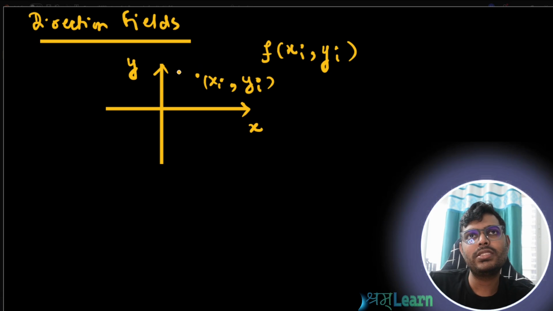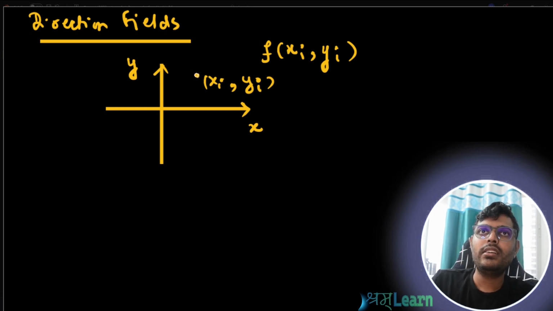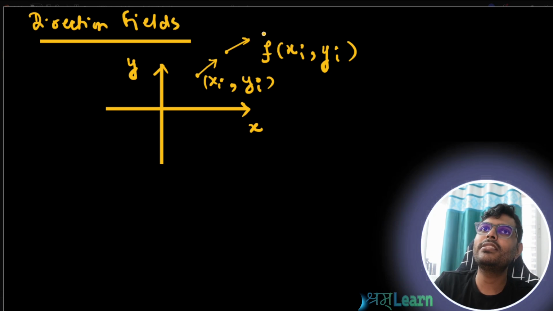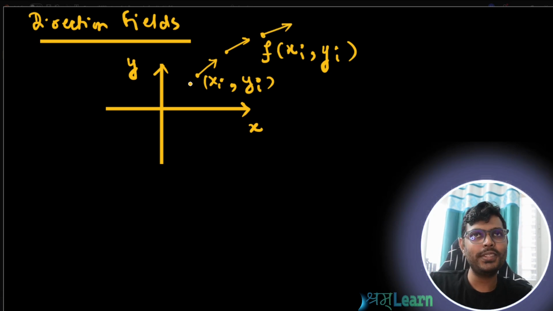The function value can be represented by a vector, right? And if I plot all these vectors for all the points, I'll get what is known as direction fields. We'll plot the direction fields.